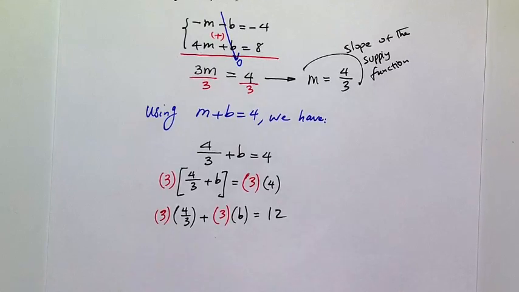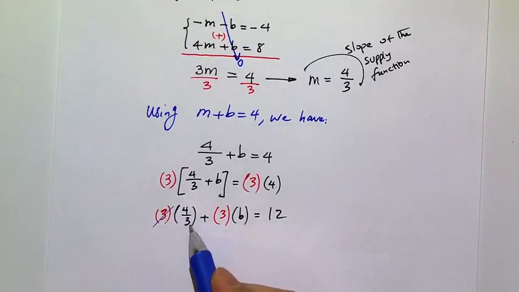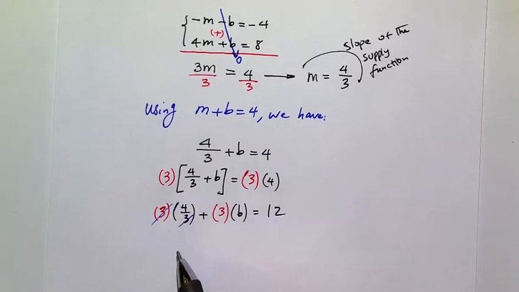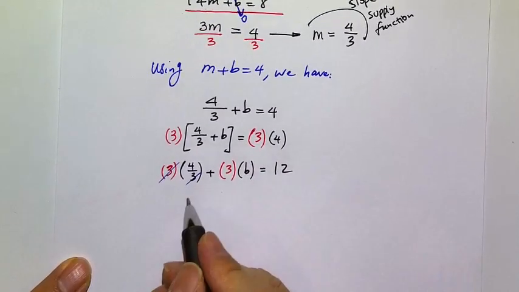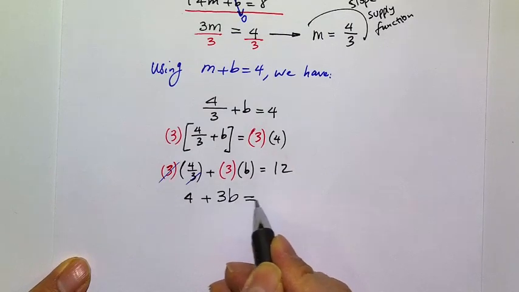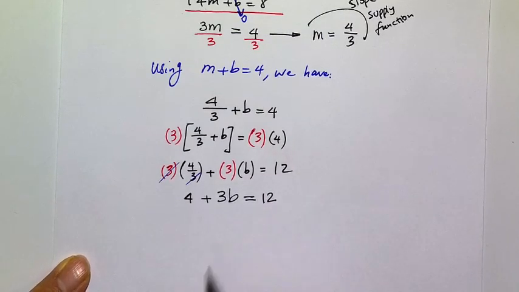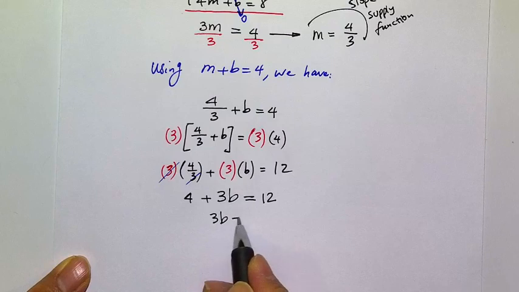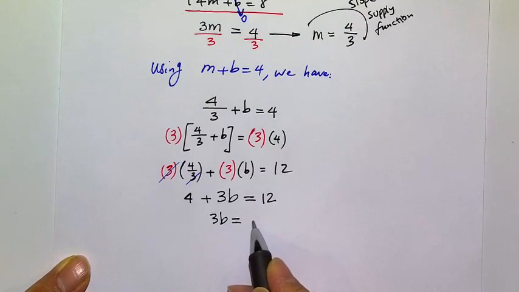Okay, so what do we have here? We can cancel this 3 with this 3. We have just the 4 from that. And then we have 3b equals 12, right? So let's isolate the b variable, 12 minus 4.